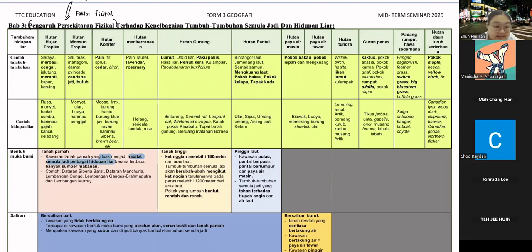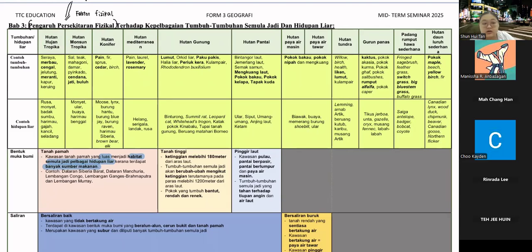Why? Kerana terdapat banyak sumber makanan. And then you follow with your answer, like contohnya tumbuh-tumbuhan yang ditumbuh ialah hutan hujan tropika, hutan monsun tropika, hutan conifer, hutan Mediterranean. This is when they ask you to explain bentuk muka bumi.